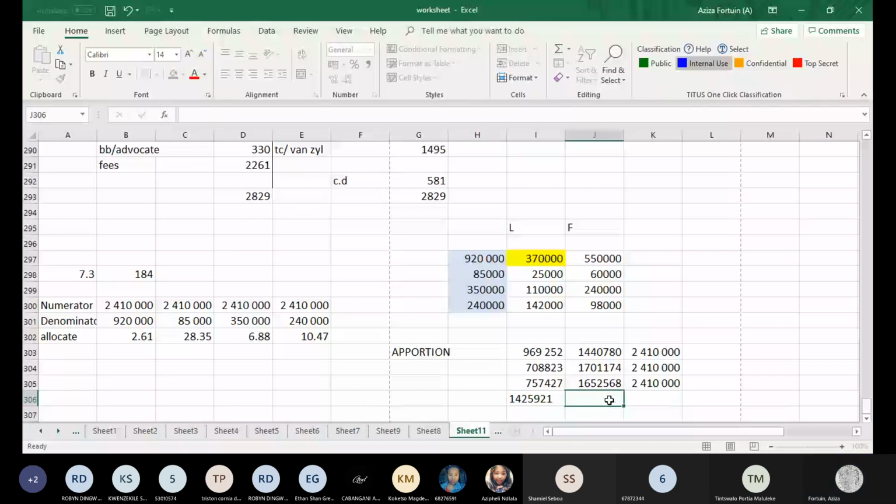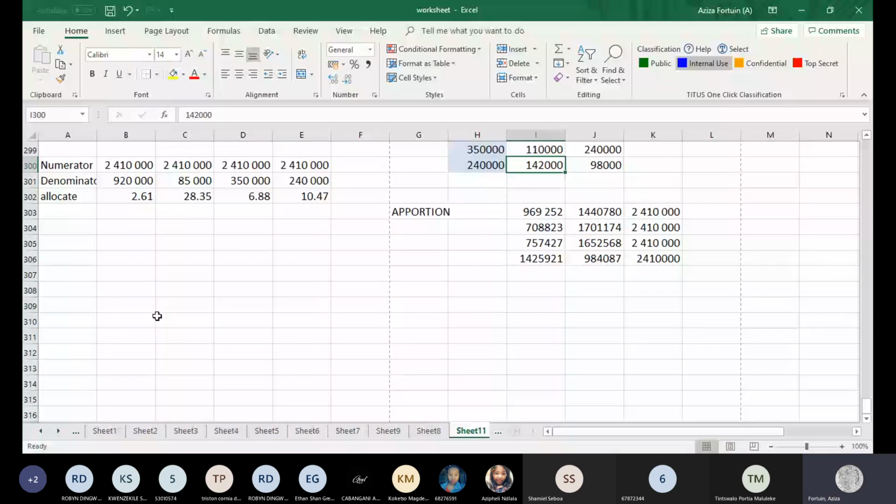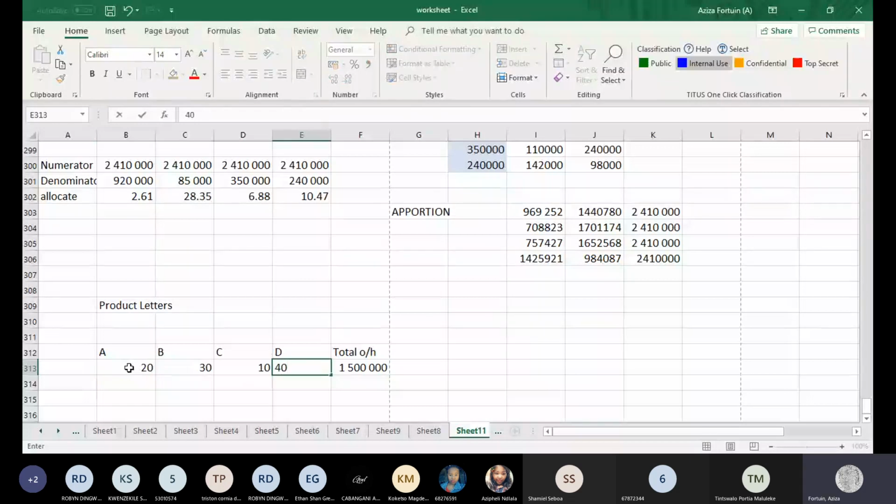Okay, so if I were to tell you that the company has four products, A, B, C, and D, and the total overheads is equal to 1.5 million, and they're apportioned on the basis of 20%, 30%, 10%, and 40%.